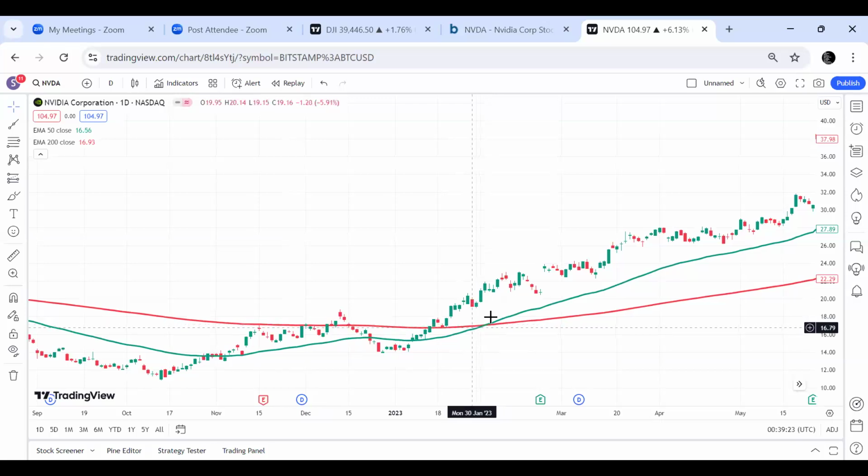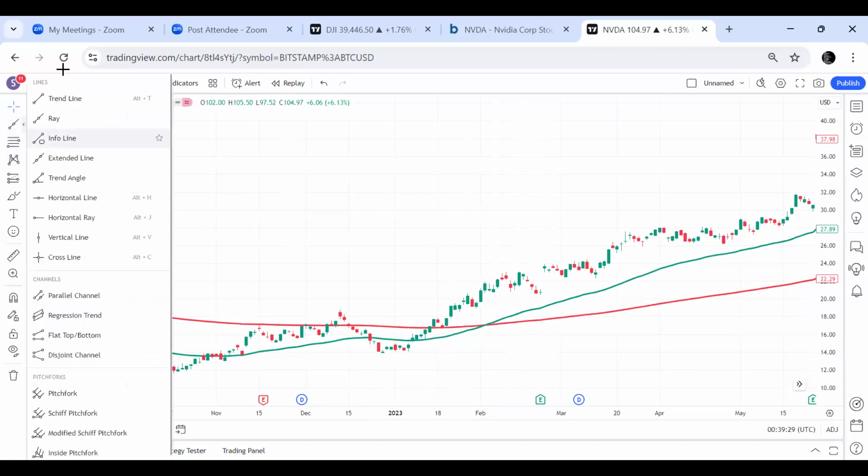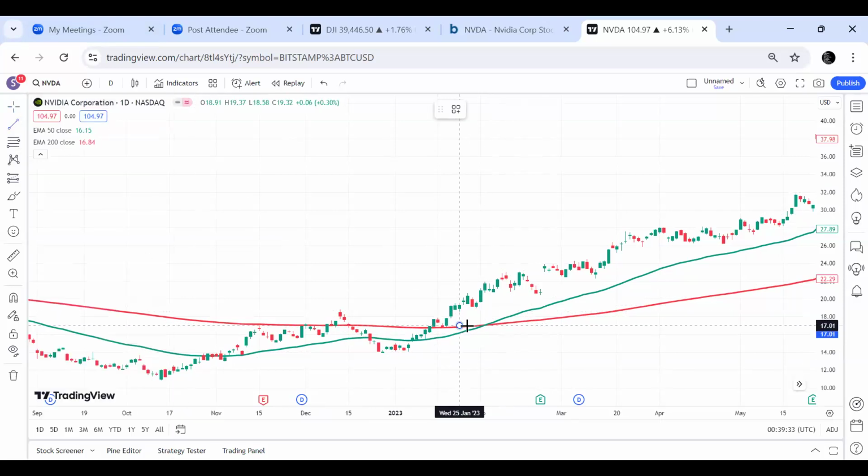As you can see historically, at this point, like at 1 February, the fast moving average crosses over the slow moving average from below. So it indicated a buy signal.